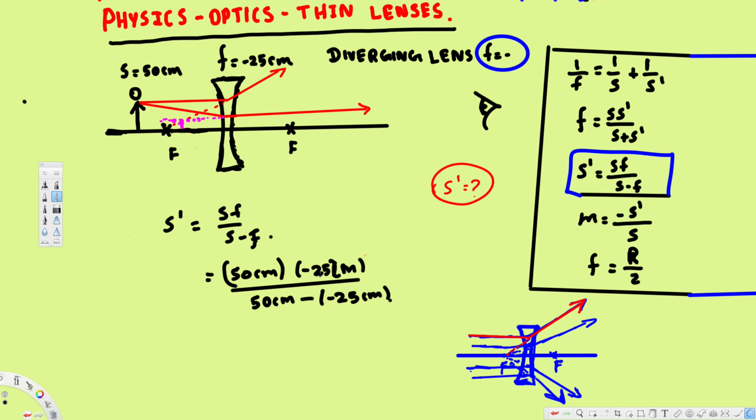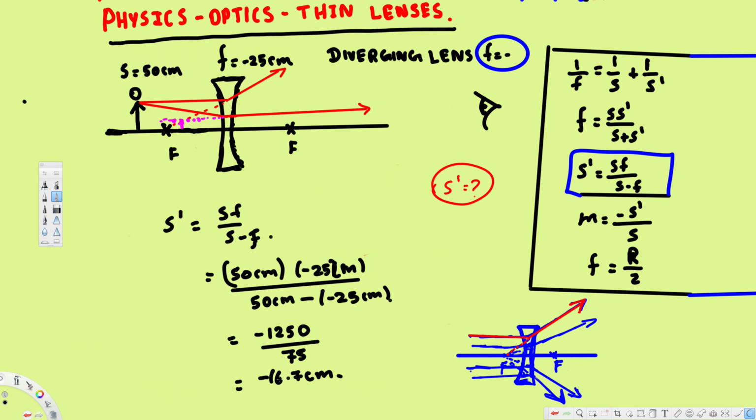This comes out to 50 times negative 25, which gives us negative 1250, and 50 plus 25, which is 75. If you calculate this, you should get negative 16.7 centimeter, and that's going to be the image distance.